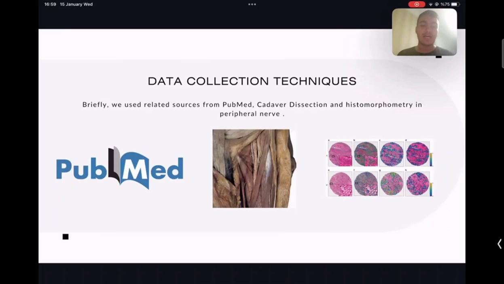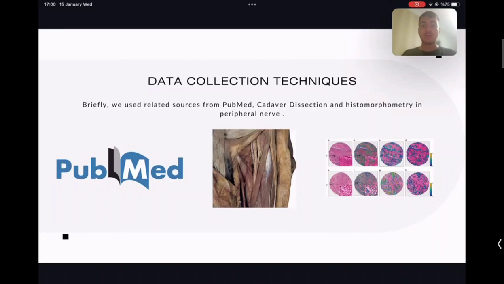As you can see from here, the three parts of our study. Firstly, we get a literature. We expand our literature knowledge in PubMed. Then we studied in cadaver dissection, so we can understand the nerve transfers very well.